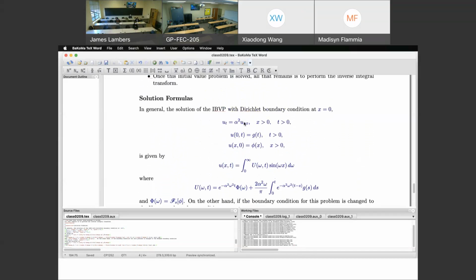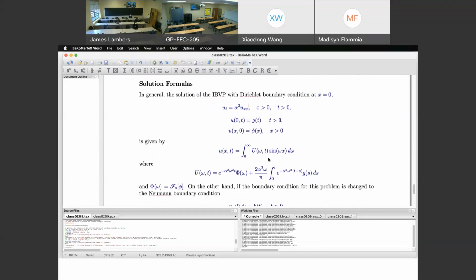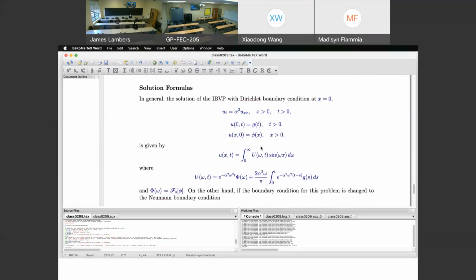Now, if a problem doesn't exactly fit this form, then yes, you're going to have more work to do. As an example, suppose on my right side, I have alpha squared uxx, and suppose I have another term, let's say, plus a constant times u. Then most of this would still apply. It's just that when you're transforming that part, you're going to have an additional term transform.